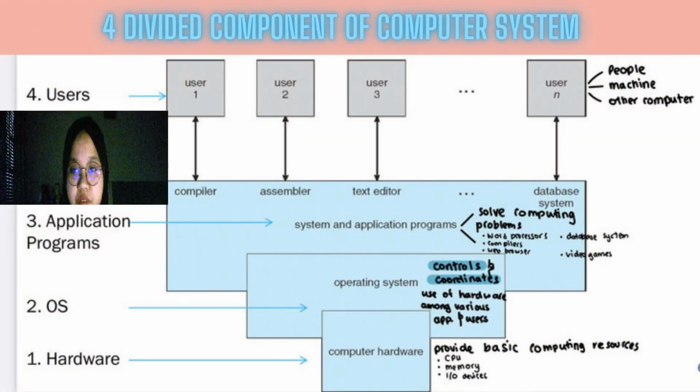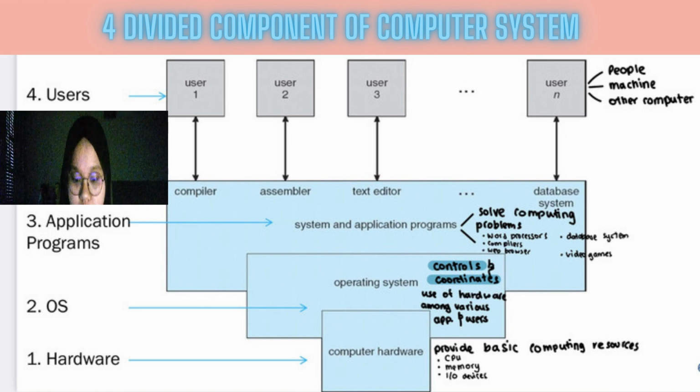Operating system can be divided into four components, which are hardware, operating system, application program, and also users. Hardware provides basic computing resources such as CPU, memory, and other devices. The operating system controls and coordinates use of hardware among various applications and users.